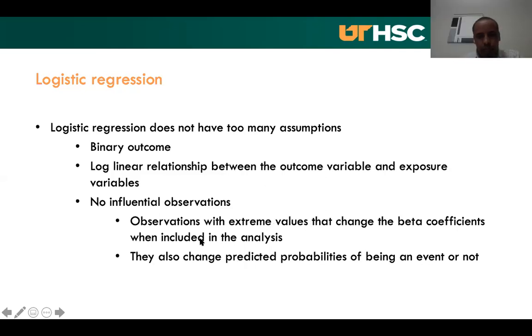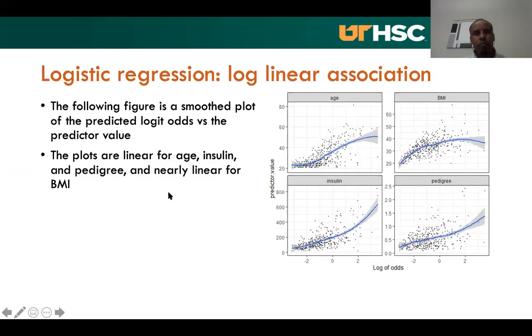So the influential observations also change the predicted probability of being an event or not. So to examine the assumptions in logistic regression, we'll look at the log linear association between the log odds of the outcome or the risk of type 2 diabetes.